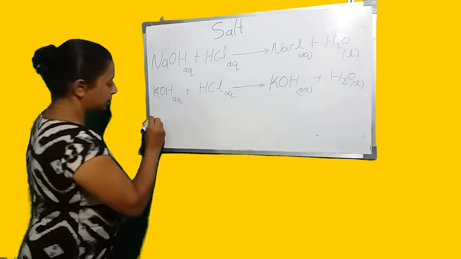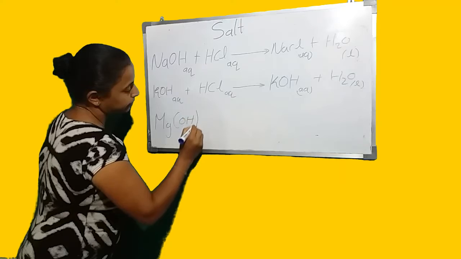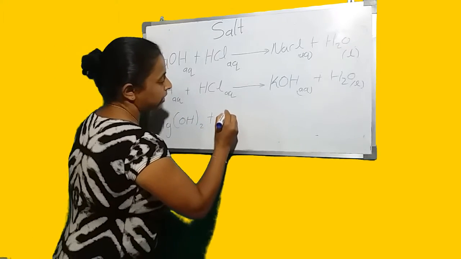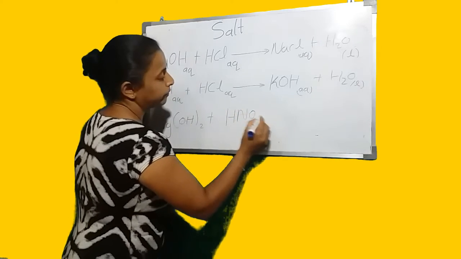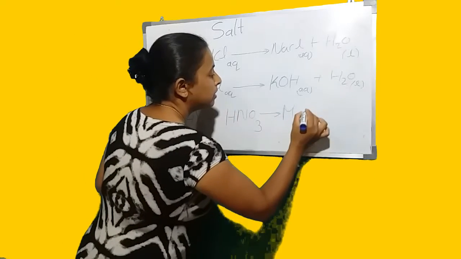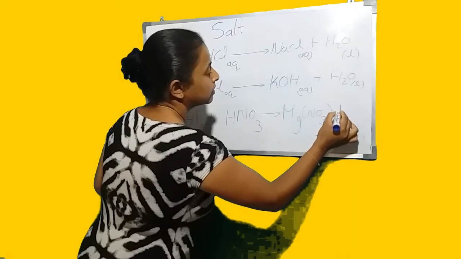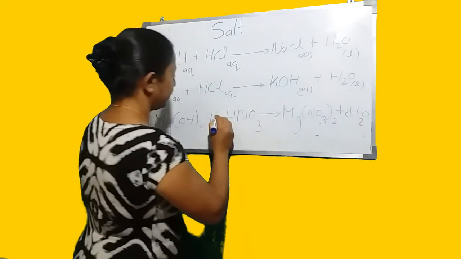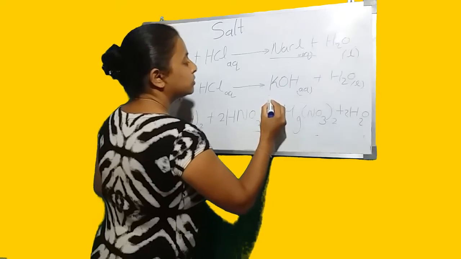Another example, magnesium hydroxide reacts with the acid nitric acid, HNO3, that forms magnesium nitrate and H2O. Right. These are the salts.